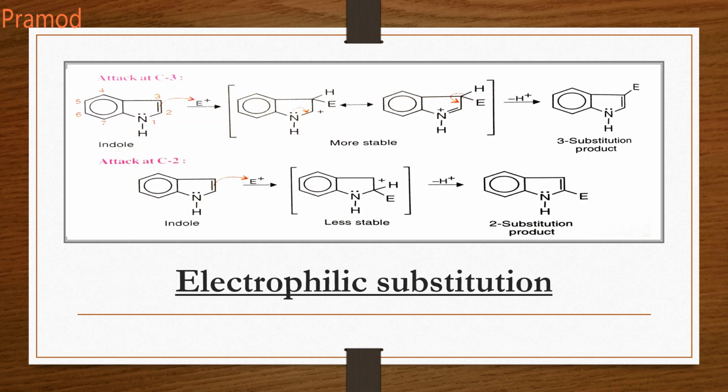The electrophile attacks at the C3 position, the positive charge comes on nitrogen, and it is more stable because nitrogen, being electronegative, can stabilize the positive charge. Whereas in this case, it is less stable because it destabilizes your aromatic ring. So that's the reason why electrophilic substitution is favored at the third position compared to the second.